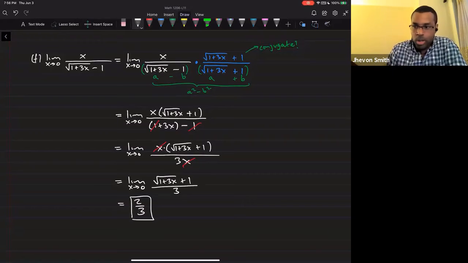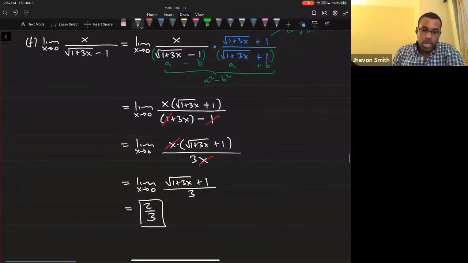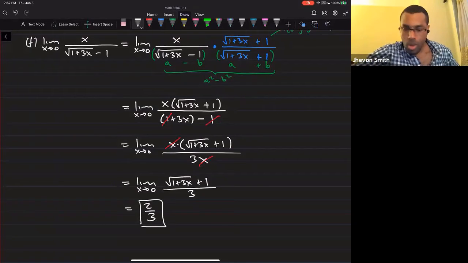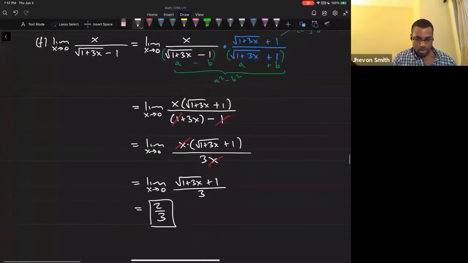So this is where the algebra skills would come into play. So yeah, you should know that you can simplify something like this by multiplying and dividing by a conjugate. If you want to get rid of radicals to kind of get your x out of a radical prison, conjugates are useful for that reason. Okay, so that's that one.